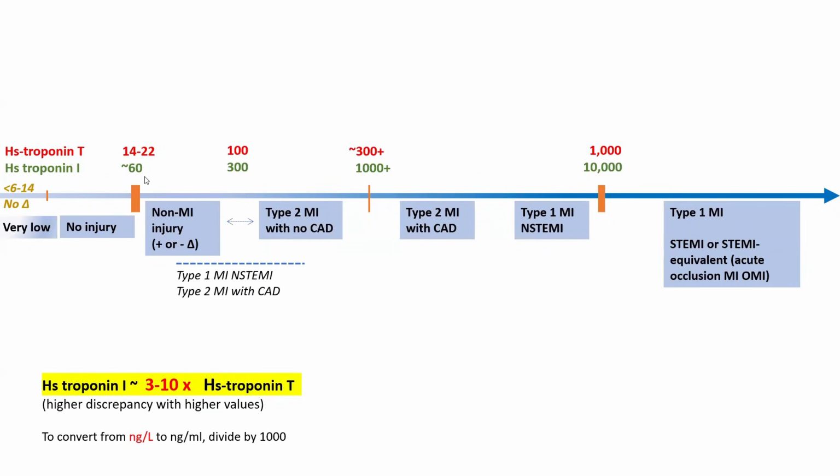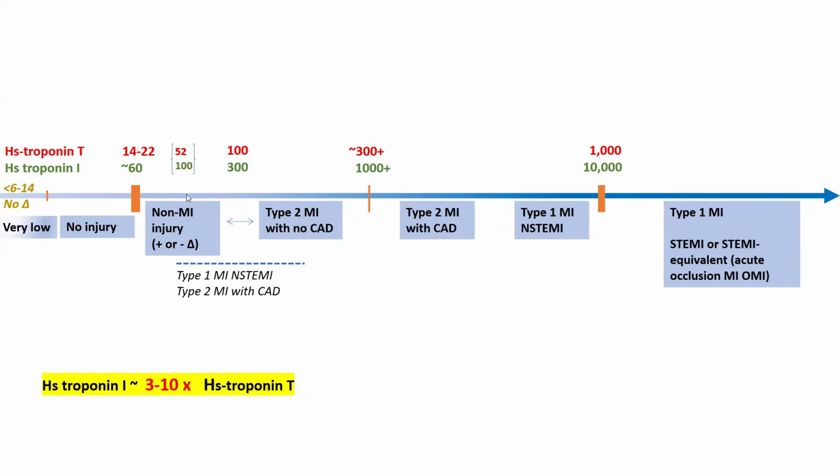So you may have type 1 MI depending on the context here, but it's frequently a non-MI injury. The key idea is that those lower level diagnoses, non-MI injury and type 2 MI with no CAD, usually don't cause the higher troponin levels, but the higher diagnosis can cause the lower troponin levels.